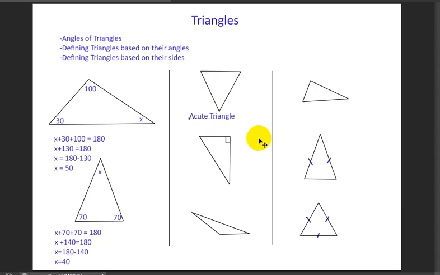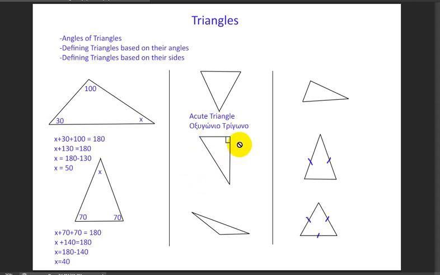In Greek, that would be oxygonio trigon. An acute triangle has all three of its angles being less than 90 degrees, being smaller than 90 degrees. If you look at all three of these angles here, you will see that they are smaller than 90 degrees. They're very closed, all of them.